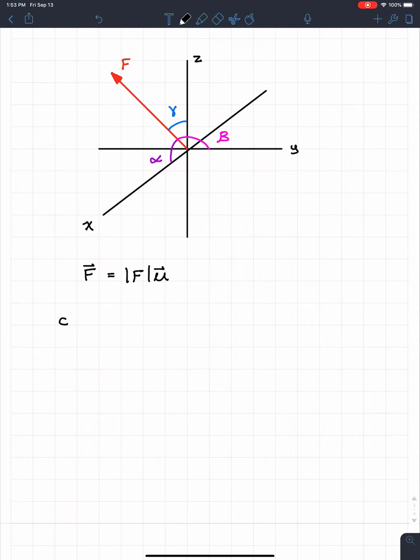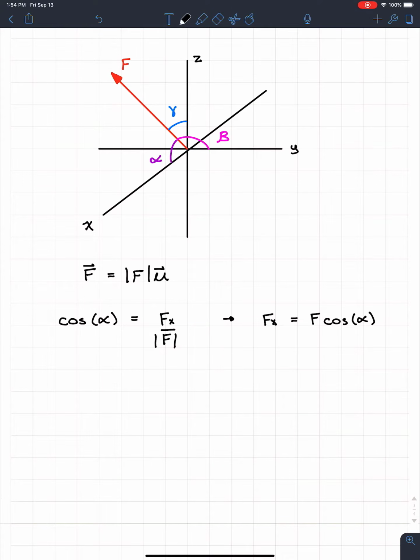We know that cosine of alpha is equal to Fx over F. Now we're kind of getting somewhere. This is the magnitude of F, I should probably put that in. All I'll have to really do is rearrange this to get Fx is equal to F times cosine of alpha.